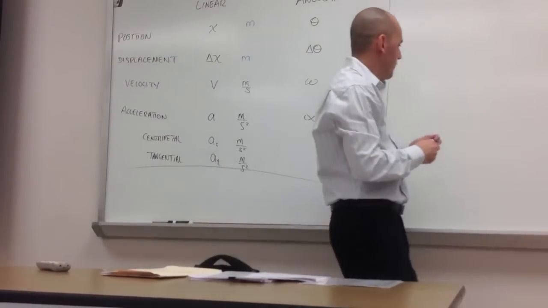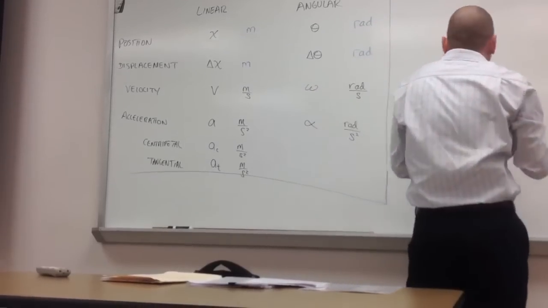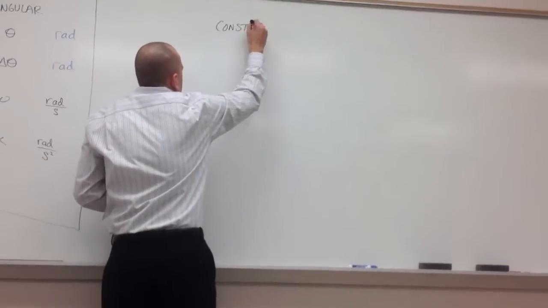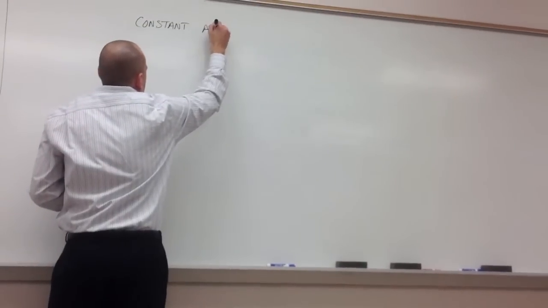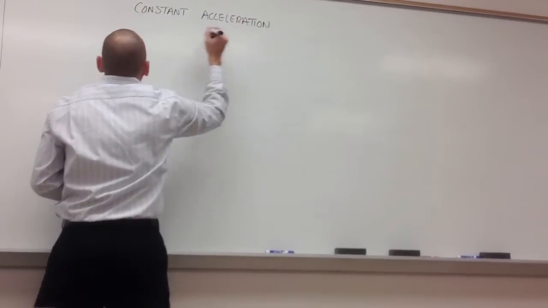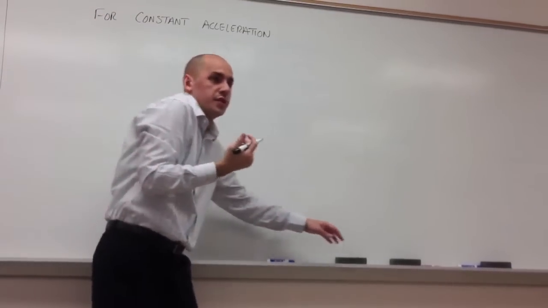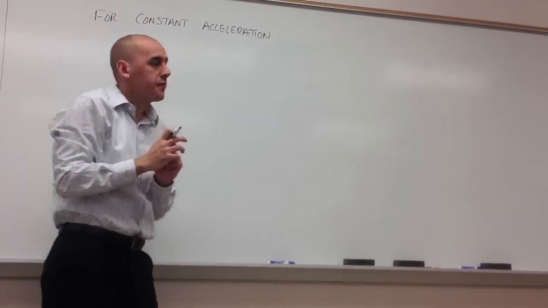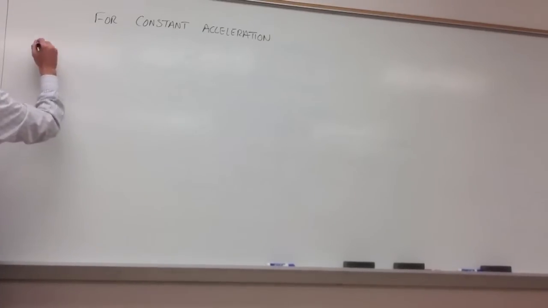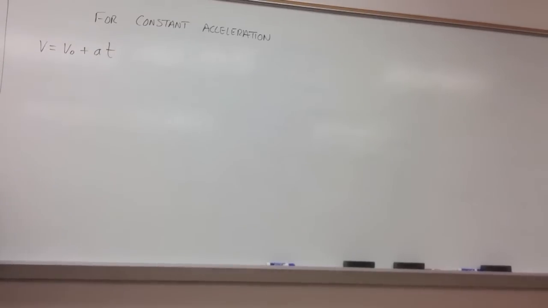Okay, so after we did all this, we then went to the case where we have constant acceleration. For constant acceleration, we had all those kinematics equations that we can use for that case. So the ones like v is equal to v naught plus at.